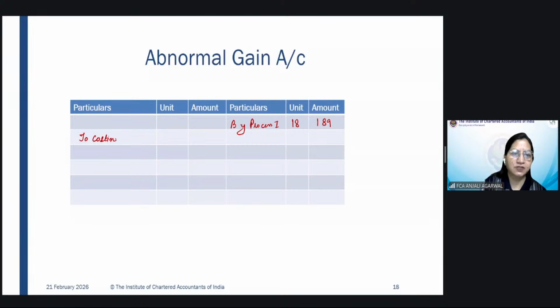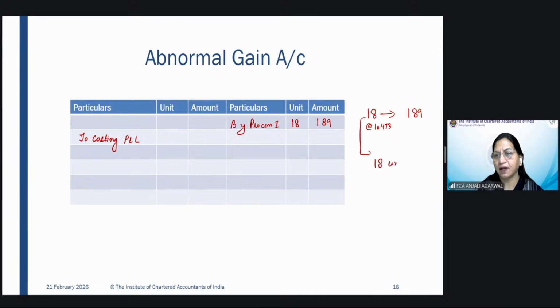But is this actually my gain? Once again, no. Why not? If I have not been able to produce this 18 units extra, which is worth 189 at the rate of 10.473, I would still have had 18 units to sell as scrap at the rate of 1 rupee. So I would have still got 18 rupees, which I don't have now.